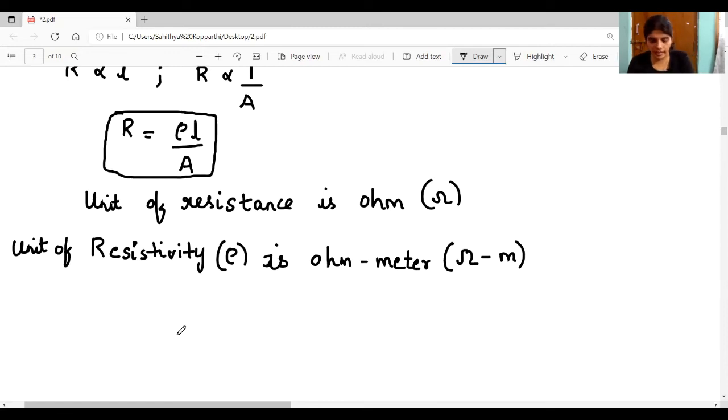Now we'll calculate the power of the resistor. From the basic definition, power is nothing but voltage into current.